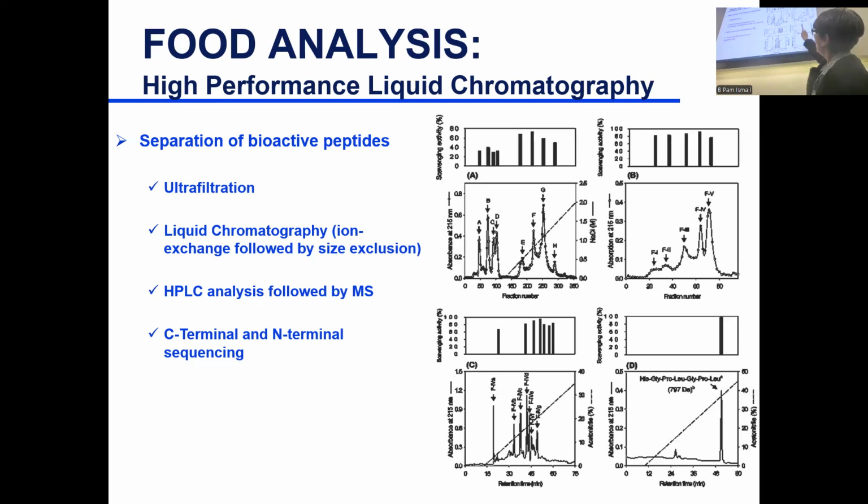But what you get, if you do, let's say, size exclusion first, is different fractions. These fractions are not pure because you might have peptides of the same molecular weight, but they have different characteristics. But you did get some fractionation. You take each fraction and you do an antioxidant assay for each fraction.